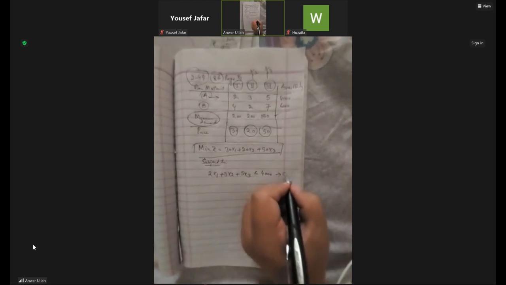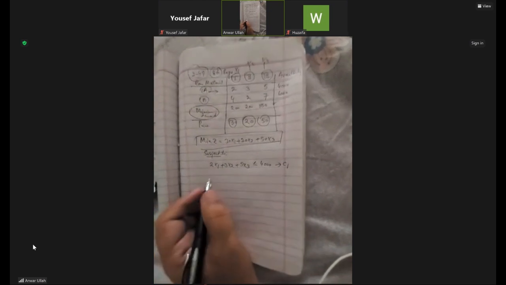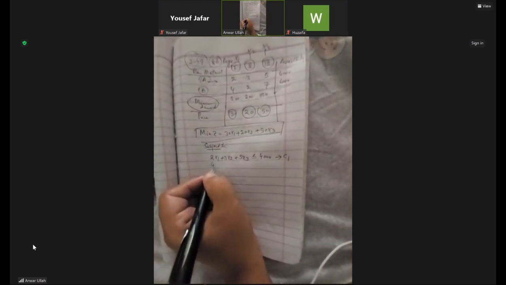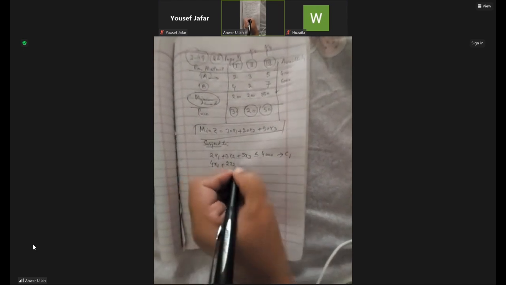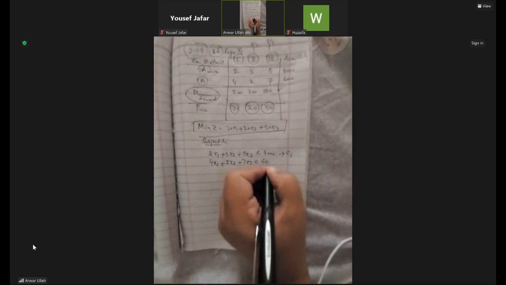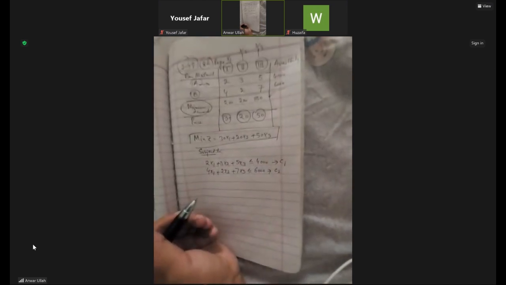So this is constraint 1 for raw material A. Now for raw material B, it is used 4 pounds in X1 plus 2 pounds in X2 plus 7 pounds in X3, and the total availability must be less than or equal to 6,000. So this is constraint 2.